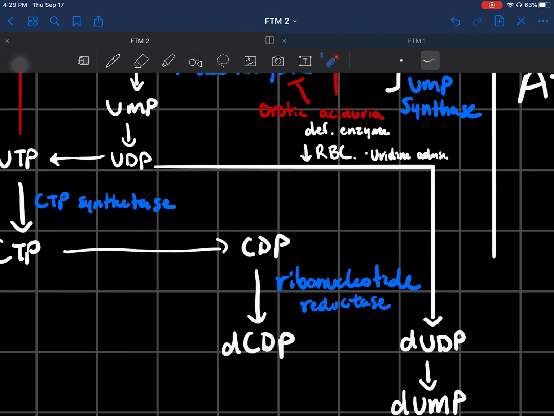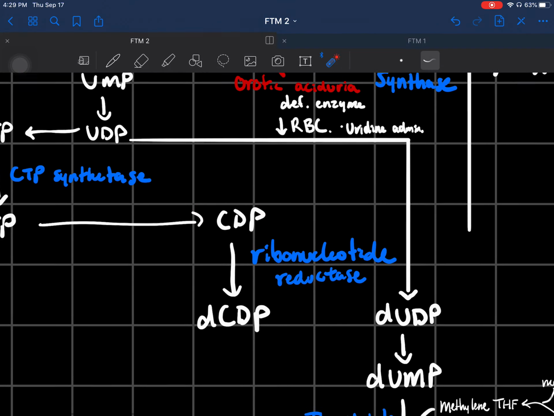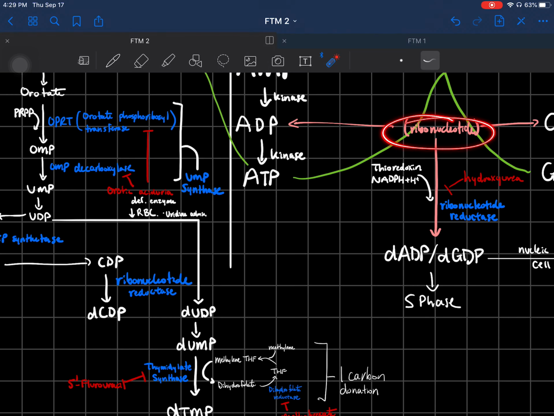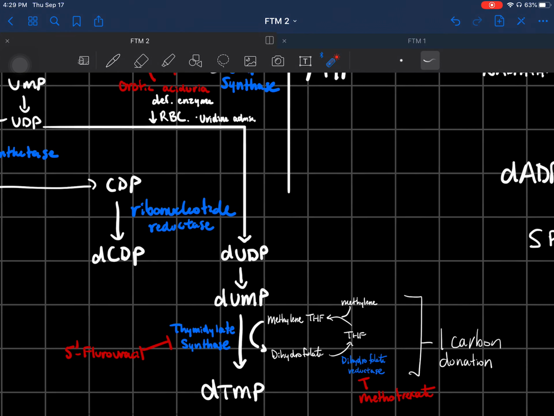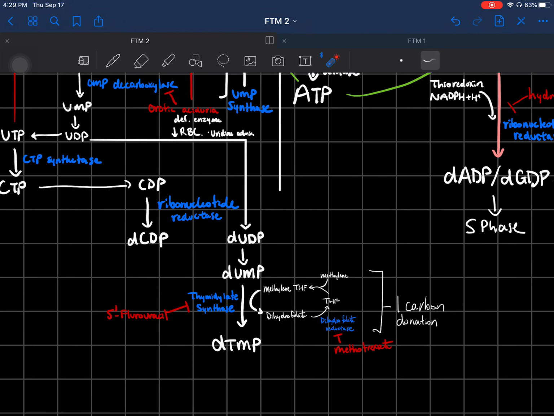So you're going to use a phosphatase, remove a phosphate group, and you're going to get CDP, because remember, your ribonucleotides have to be in the diphosphate form, okay? So if you just use ribonucleotide reductase, you can directly turn that into deoxy-CDP. Okay? But there's actually a very complex pathway to turn it into deoxy-TMP, and that's going to be your thymidine.